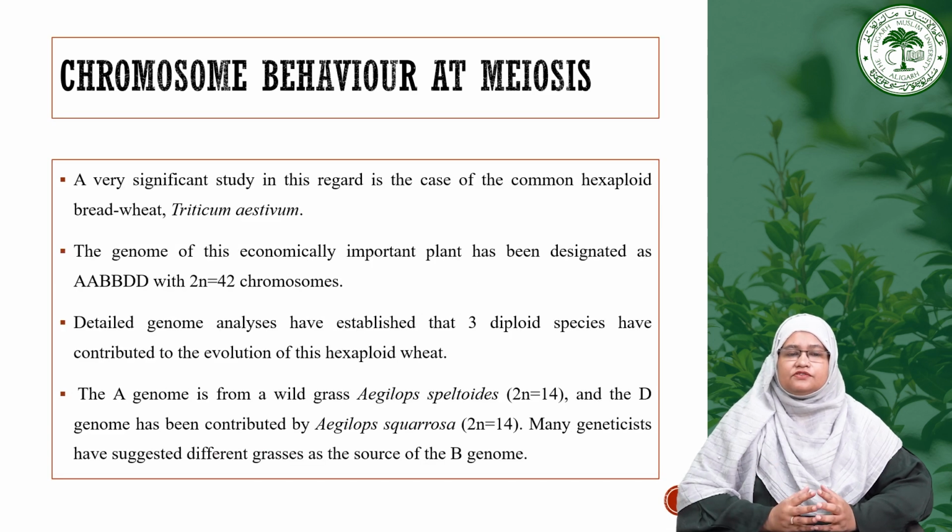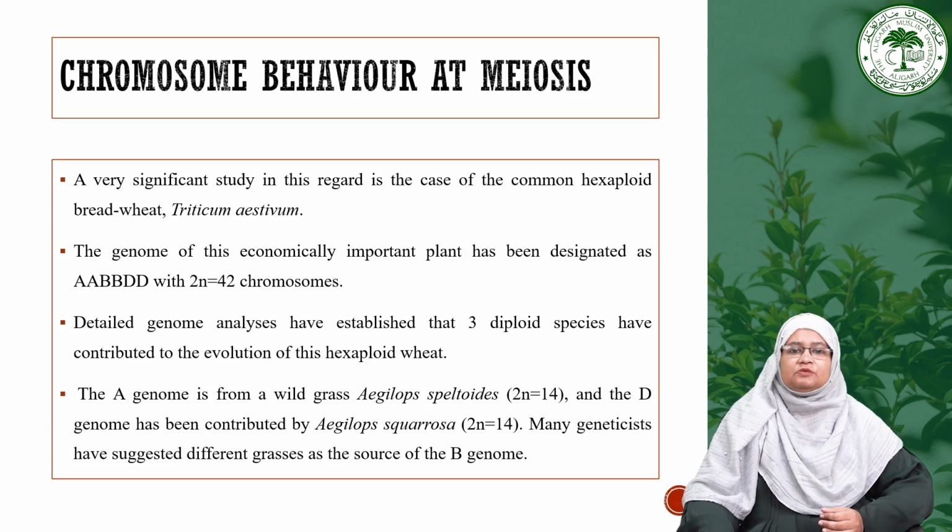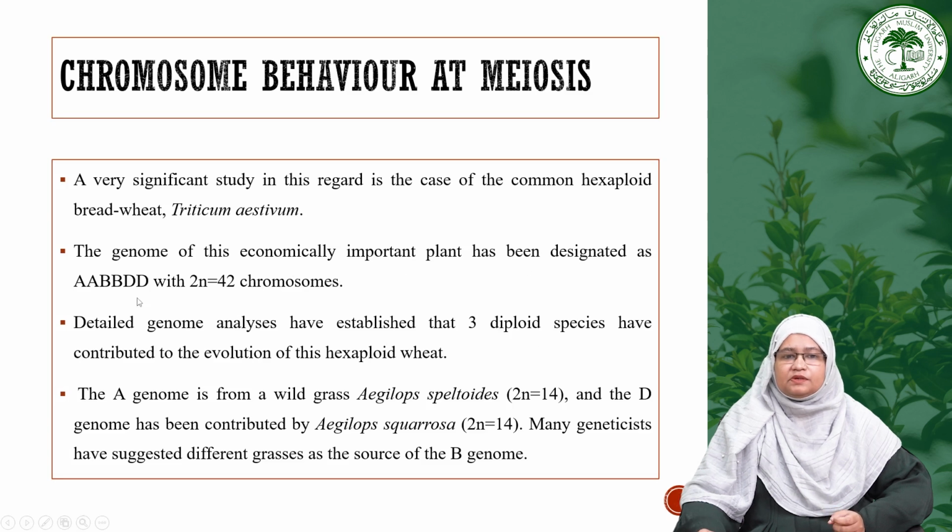Then a very significant study in this regard is the case of common hexaploid bread wheat, that is Triticum aestivum. The genome of this economically important plant has been designated as AA, BB and DD with 2n equal to 42 chromosomes.